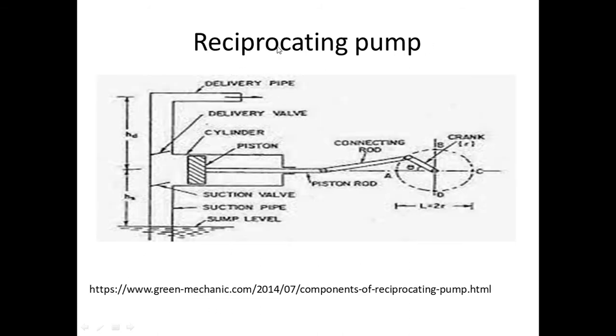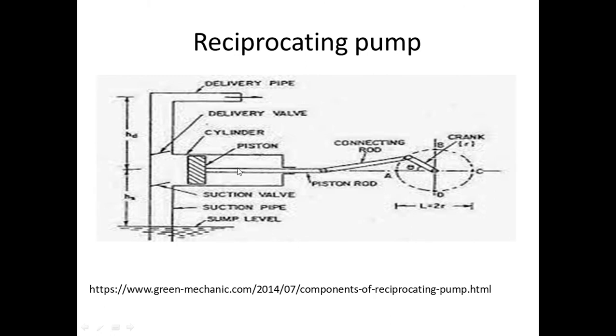Here it is the reciprocating pump, in which the working is based on the reciprocating action of a piston. It reciprocates and increases the pressure of the fluid. First of all, the crank rotates and the attached connecting rod oscillates.